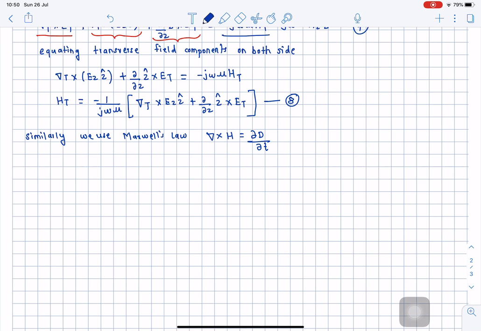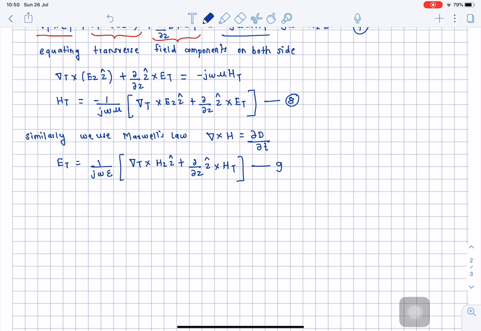So directly you can write E of t, the way in which we got H of t in equation 8. E of t is equal to 1 upon j omega epsilon into bracket del of t as it is, only Ez is replaced with Hz, plus del by del z of z cap cross Et is now replaced with Ht.